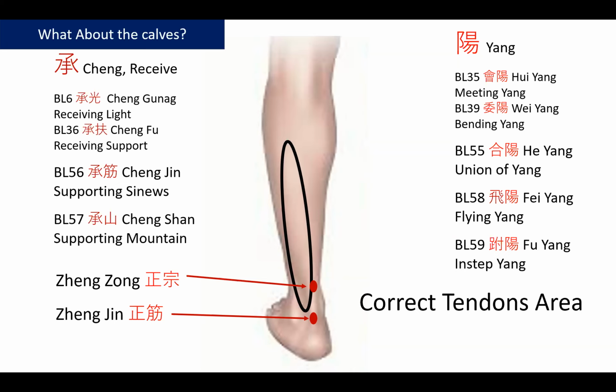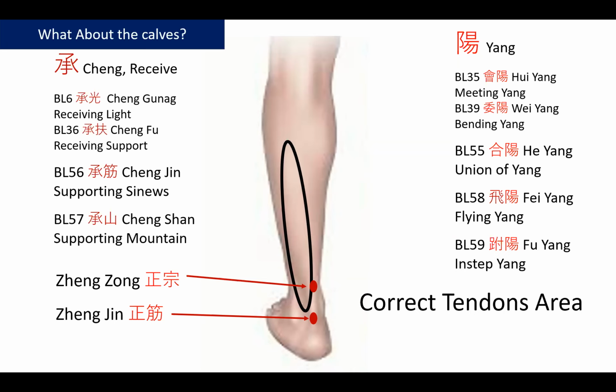and upward motion. On the left side of the slide, you see the points. They're not just points at the calf. I gave you all the points that are named with the character Cheng, to receive. Receiving gravity, or receiving something. In the case of bladder 6, it's receiving light. The reason bladder 6 is in here is because sometimes you can use bladder 6 to fix things in these other points.